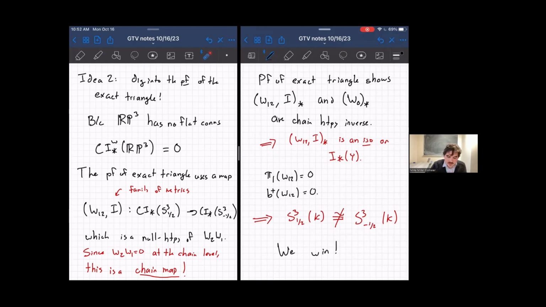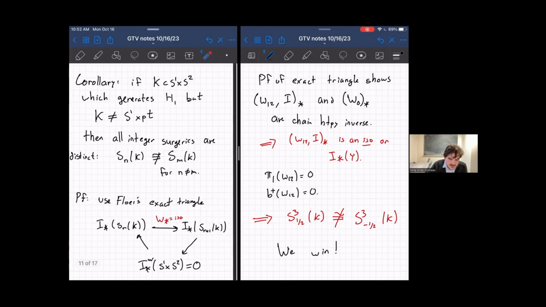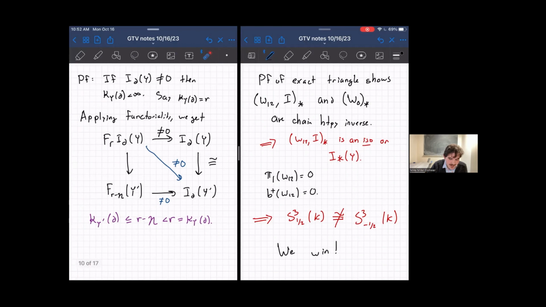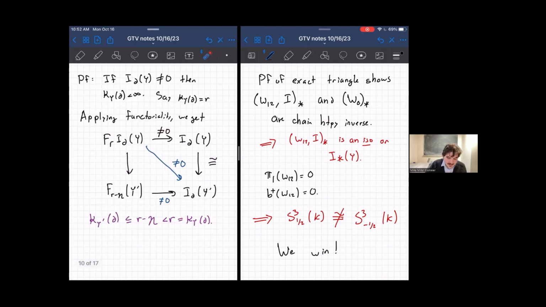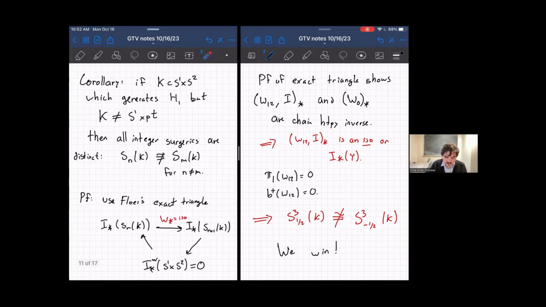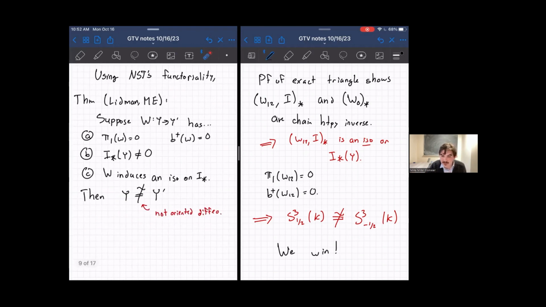I could talk a little bit more about how that goes exactly, but frankly, it's really just the same idea as this argument back here. I have this isomorphism. I get an inequality on the kappa invariants. It's not quite as simple of an inequality as this one was, but it's enough to prove the desired result when you add in periodicity of these kappa invariants.